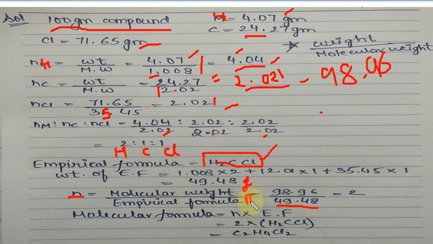When we divide, it comes out to be 2. So what is our molecular formula? We have to multiply this value to the empirical formula. So it is C2H4Cl2. This is the required molecular formula.